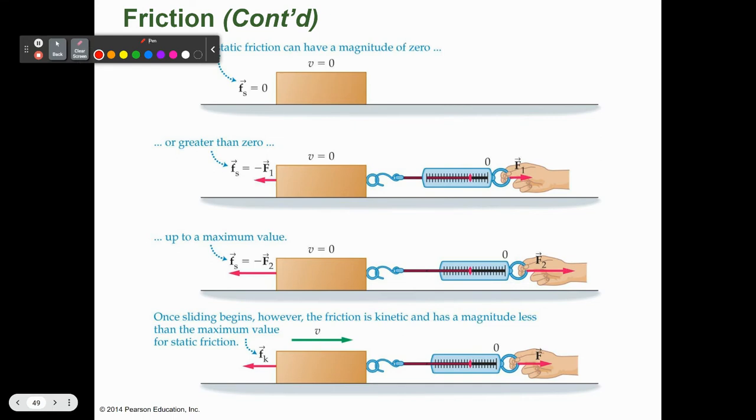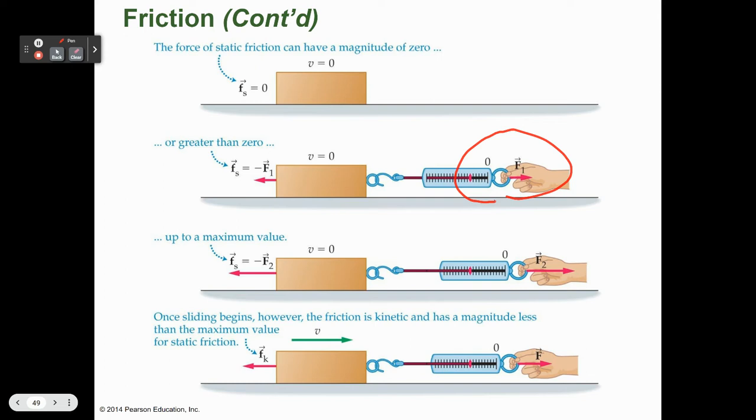Let's do this. The force of static friction can have a magnitude of 0. So if our speed is 0 and we're not applying any other force to it, then the force of static friction is just going to be 0. If we apply a force to it, as we're doing here, then the force of static friction is going to be equal and opposite to the force that it's being pulled with, F1 in this case.